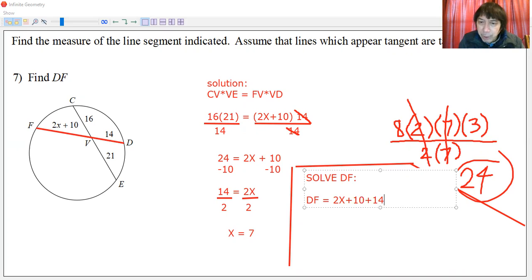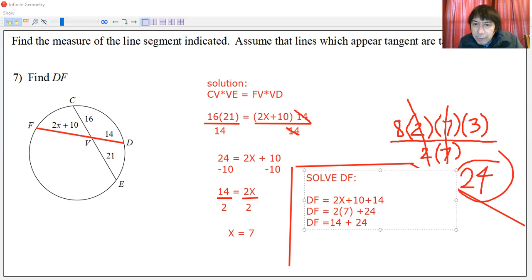Okay, we can now use our x. So DF is equal to 2 times x, which is 2 times 7, plus 10 plus 14 is 24. Yes, 24. So we have 14 plus the 24.